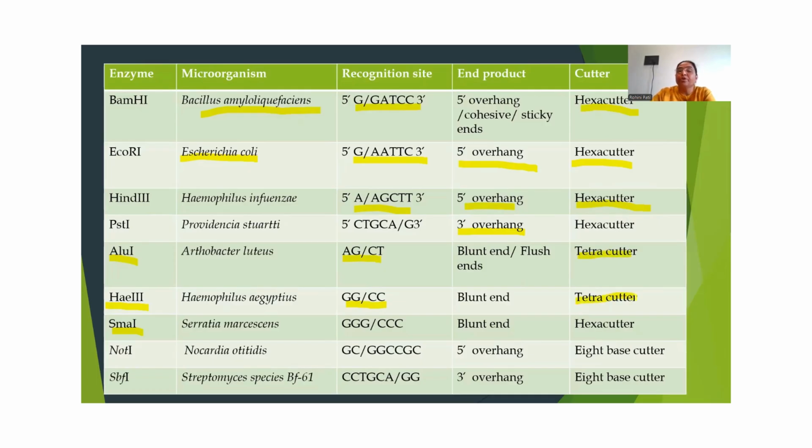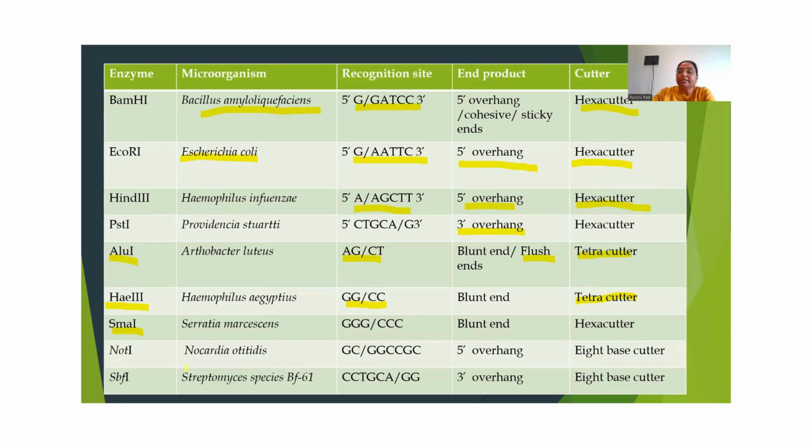Tetra means 4. Okay, and the ends generated by the enzyme are blunt ends, which are also called flush ends. Now SmaI is a hexacutter, and it is also going to produce blunt ends.